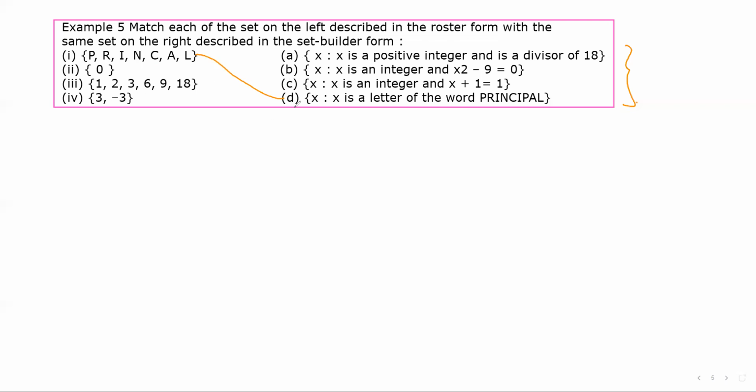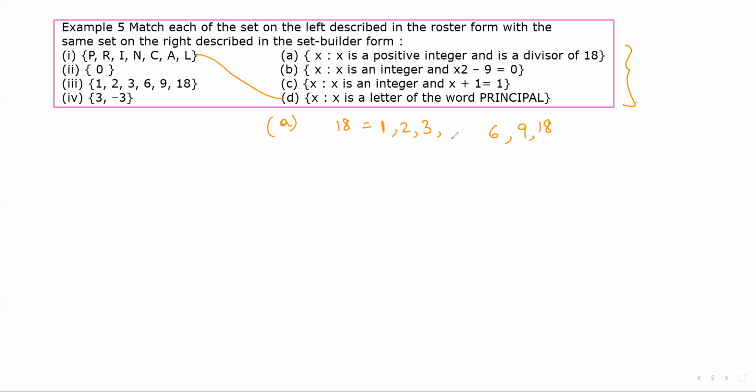Let's convert A, B, C into roster forms. A is a set of all x such that x is a positive integer and a divisor of 18. So let's calculate the divisors of 18. 18 has divisors 1, 2, 3: 1 into 18, 2 into 9, 3 into 6.